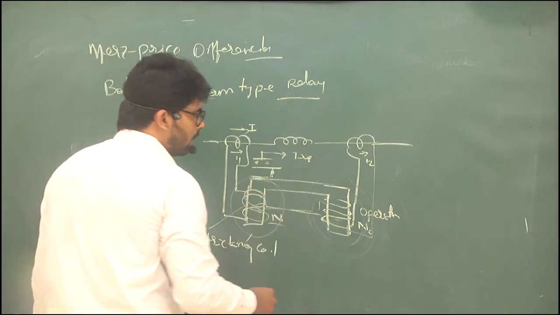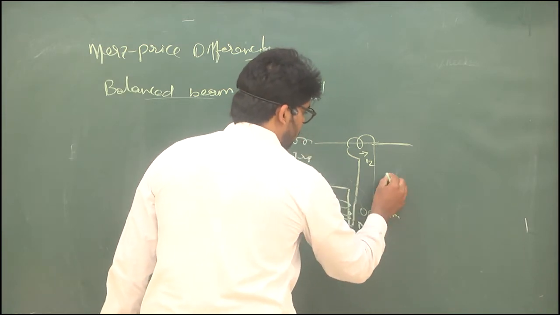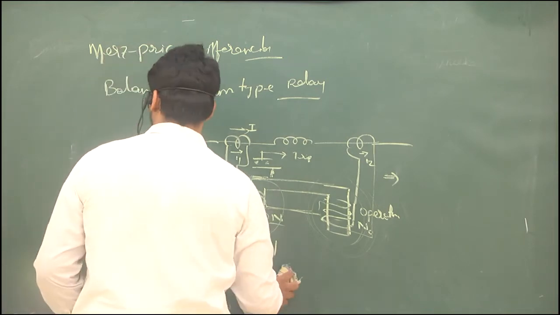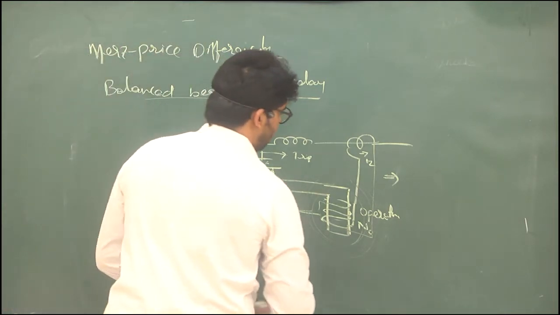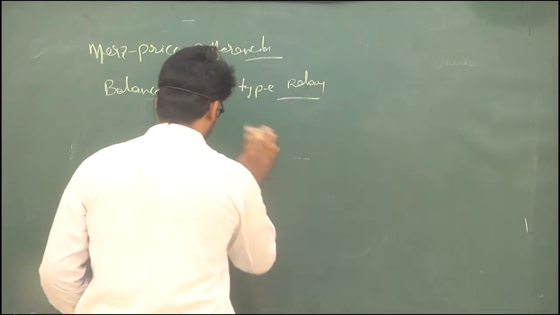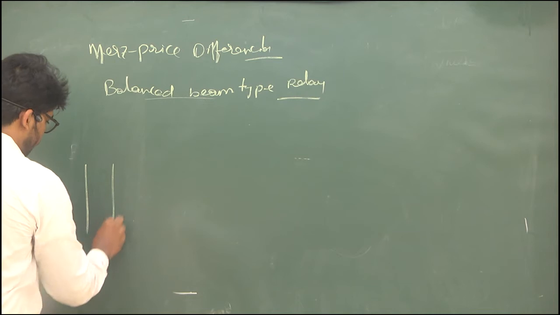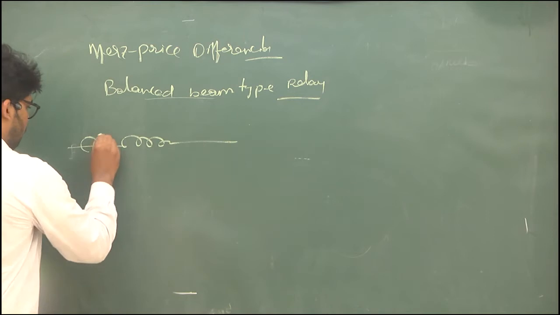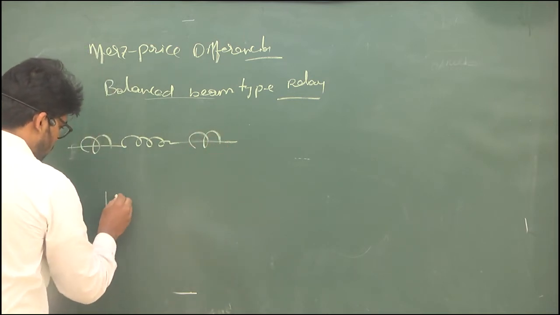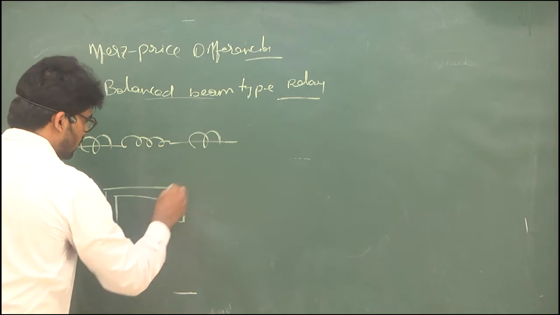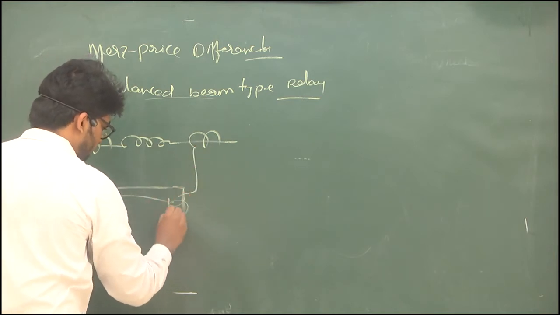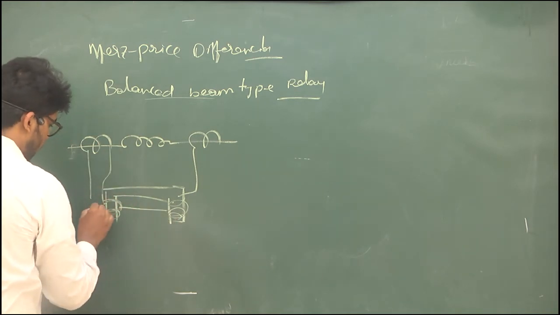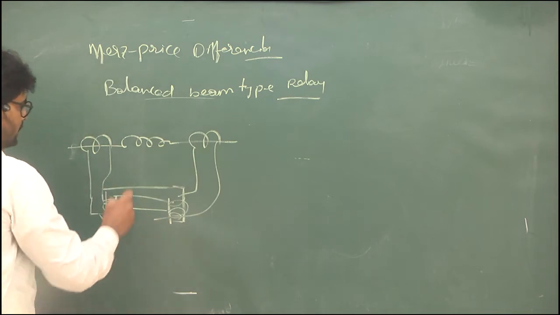For the balanced beam type, we have an equivalent circuit to understand this configuration, so I am redrawing it again.